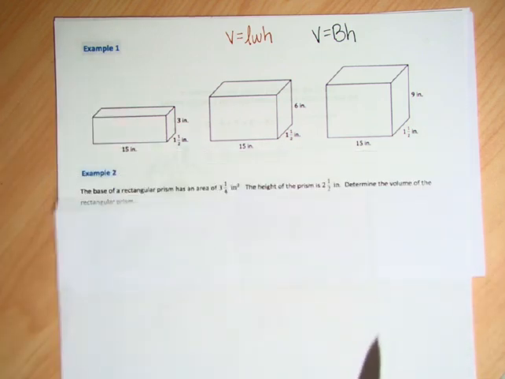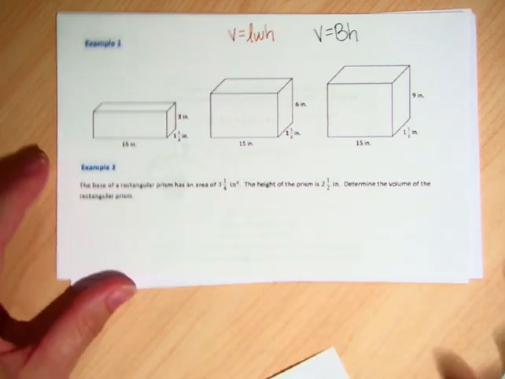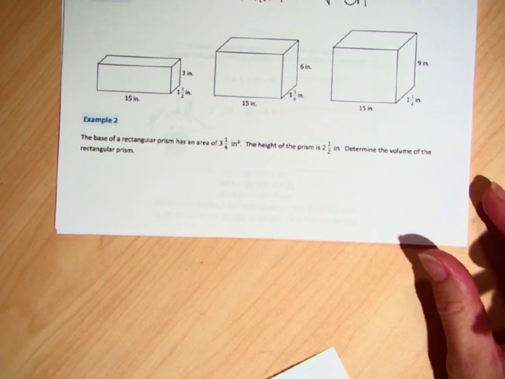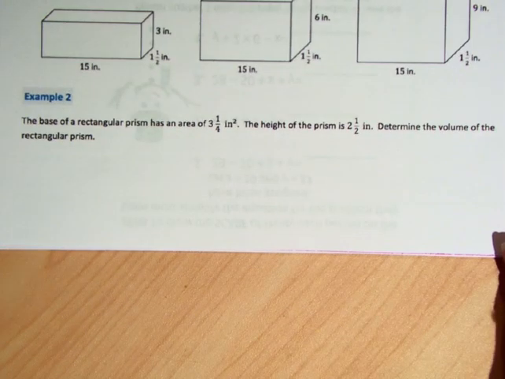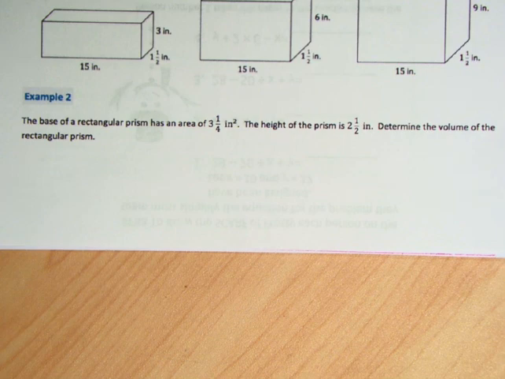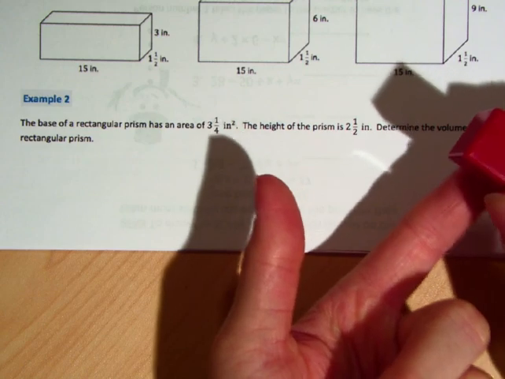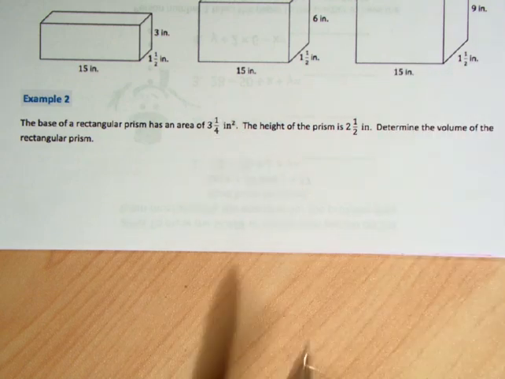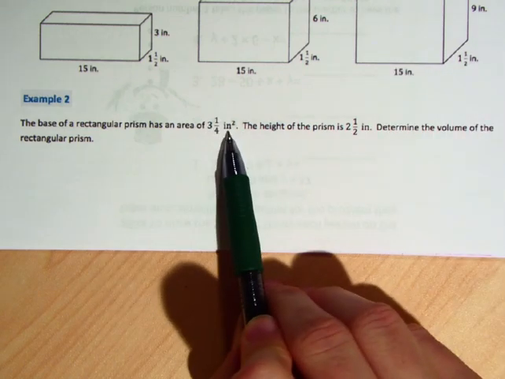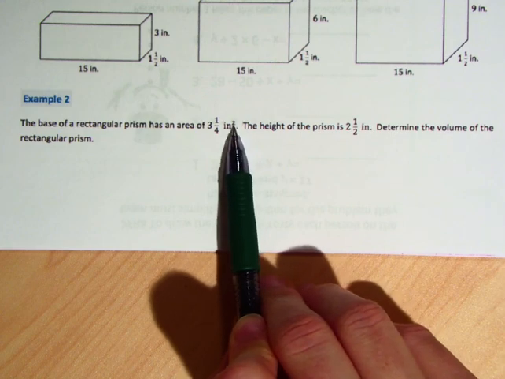Okay, let's look at example 2 at the bottom. Zoom in a little bit, kind of looks far away. There we go. The base of a rectangular prism, okay, so that's the bottom, has an area of 3 1/4 inches squared, and it's squared because it's an area.